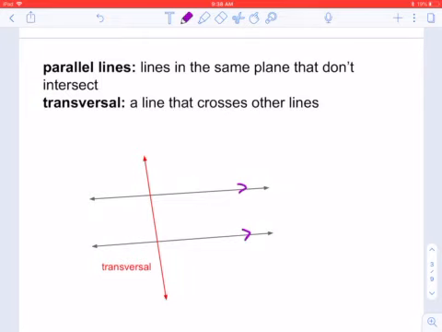And then the red line is a transversal. A transversal is just a line that cuts across other lines, so a line that crosses other lines. And you'll notice when you've got a transversal crossing parallel lines, you end up having 1, 2, 3, 4, 5, 6, 7, 8 angles formed. Those are the angles we're going to take a look at today. Their measures form a pattern, and we're going to take a look at that pattern.